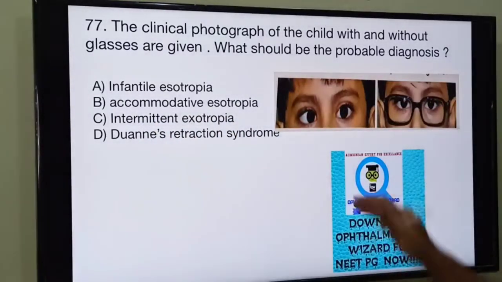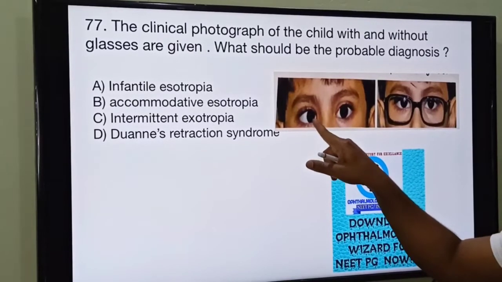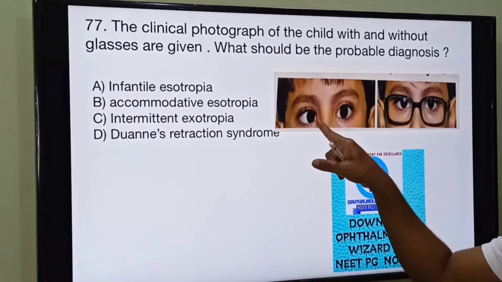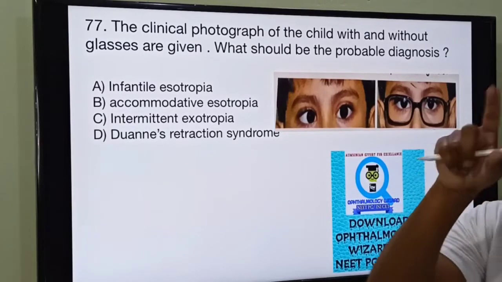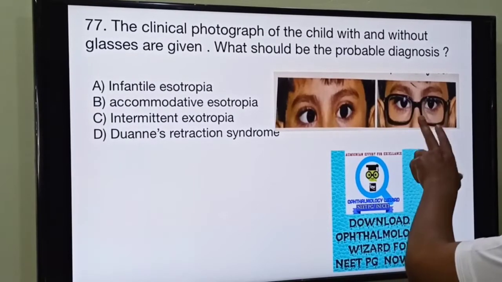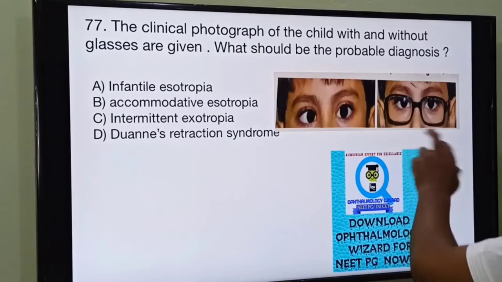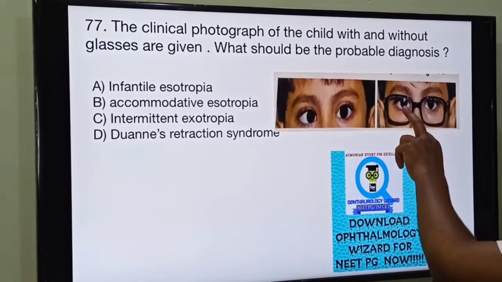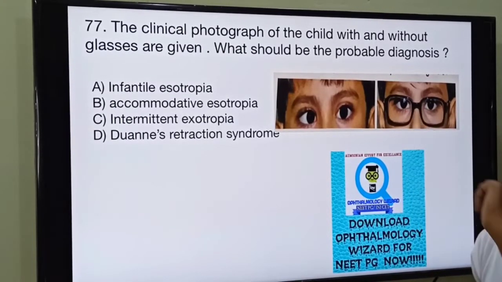Look, the patient is having a manifest what? Esotropia, because it is inward and it is manifested. So it is eso and manifest, then tropia. So it is esotropia. Now on glass, the esotropia gets corrected. Means what?